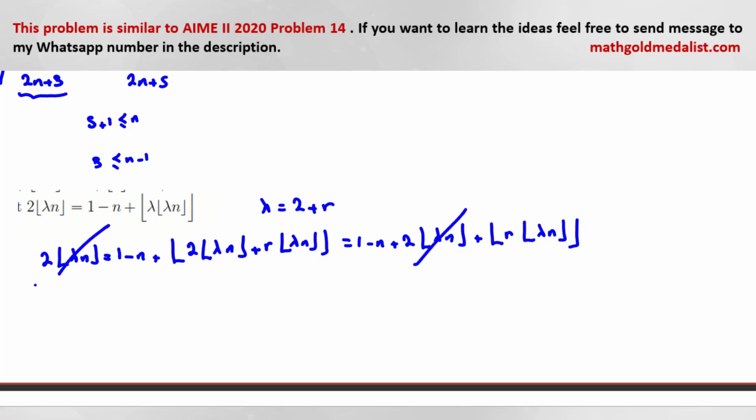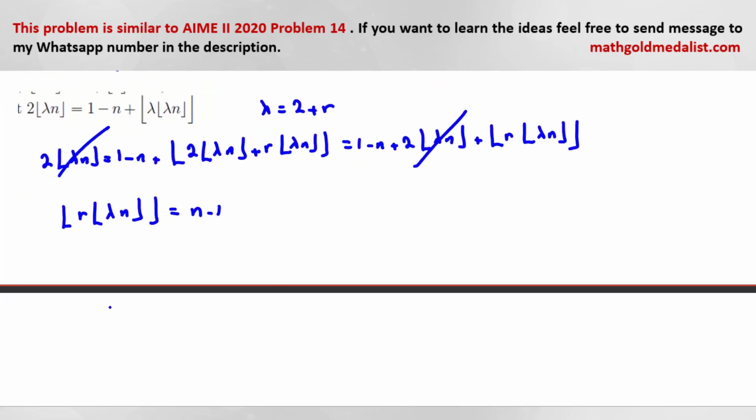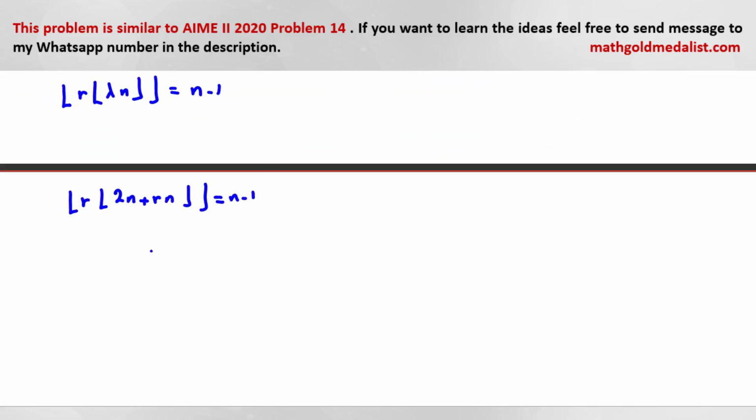So do you agree we can cancel these two things? Agreed. Okay, now we can say floor of r times lambda n is what? n minus 1. Yes. So we can say that floor of r times 2n plus rn is equal to n minus 1, right?